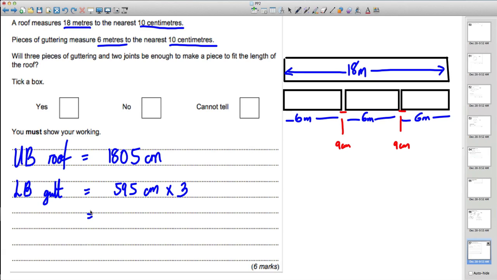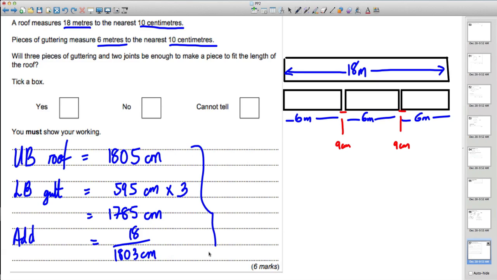So it'd be 595 times 3, which would be 1785. Okay, but then you would have to add the 2 9s. So you'd have to add 18 centimeters to this, and you would get 1803 centimeters.